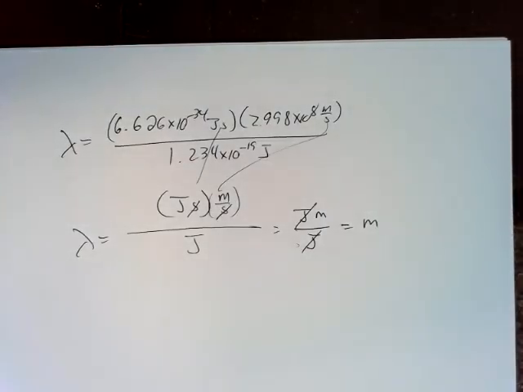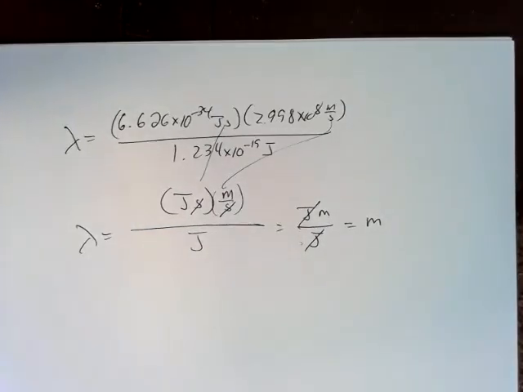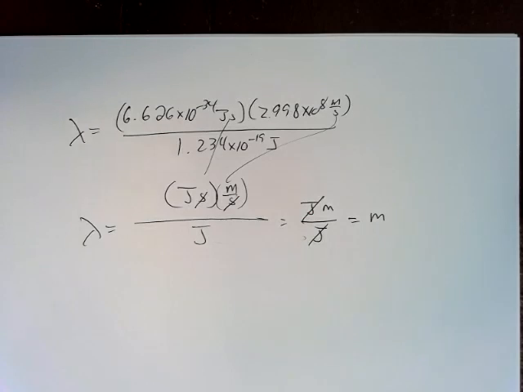And then I asked myself, does that make sense? Well, a wavelength is in fact a distance. And if I measure distances in meters, that's good. I might be asked for this in centimeters or kilometers or something like that, but I can always convert from meters into some other metric system measurement.